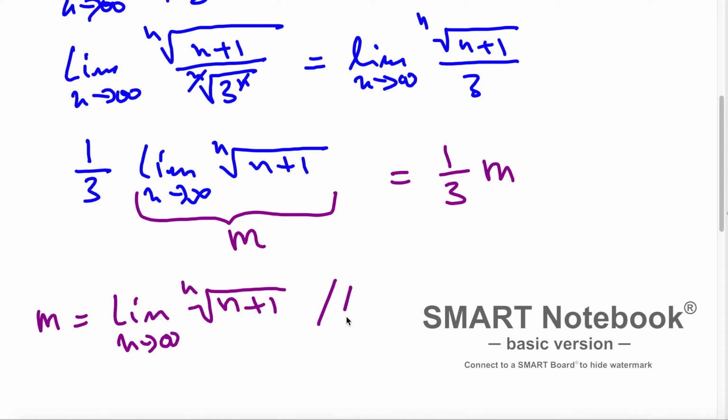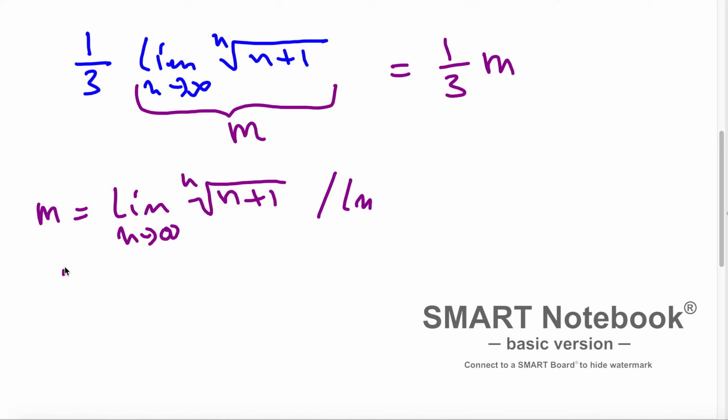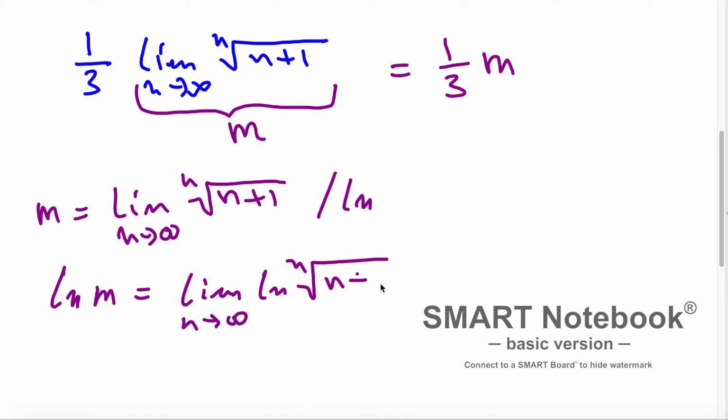And now we take the natural logarithm of both sides. We can write ln m is equal to the limit as n goes to infinity of ln of the nth root of n plus 1. Instead of this, let me write it with a fractional exponent: ln of (n plus 1) to the exponent 1 over n.